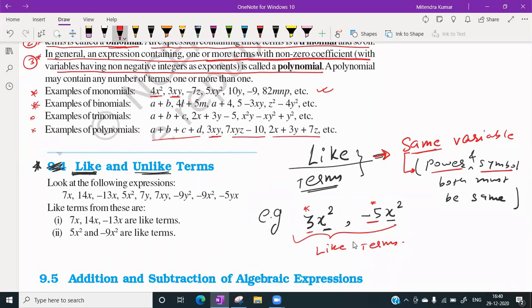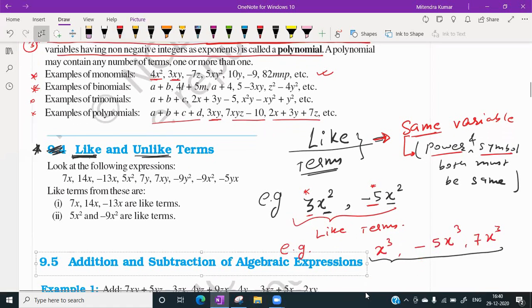Another example, I'm writing another example. x cube, minus 5x cube, and 7x cube. Okay, so again, are these three like terms? Yes, sir.